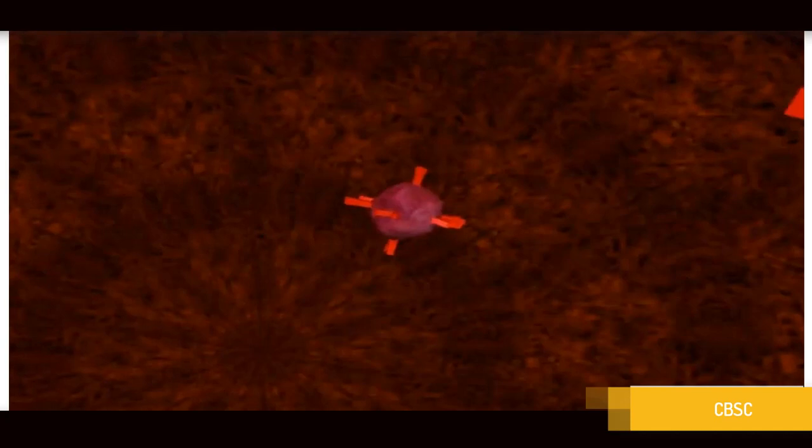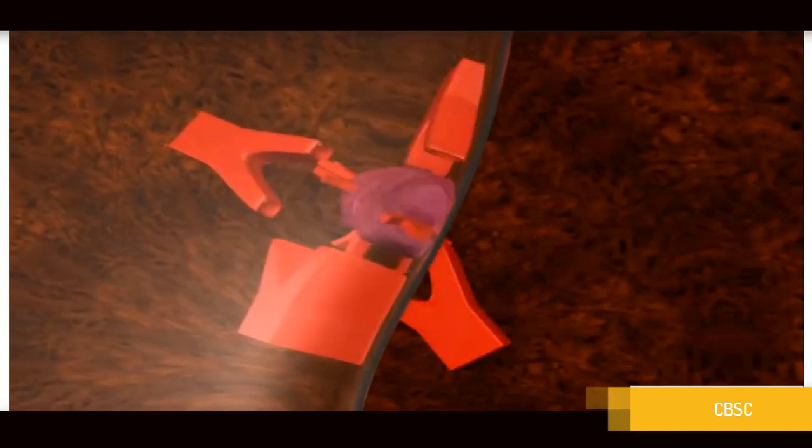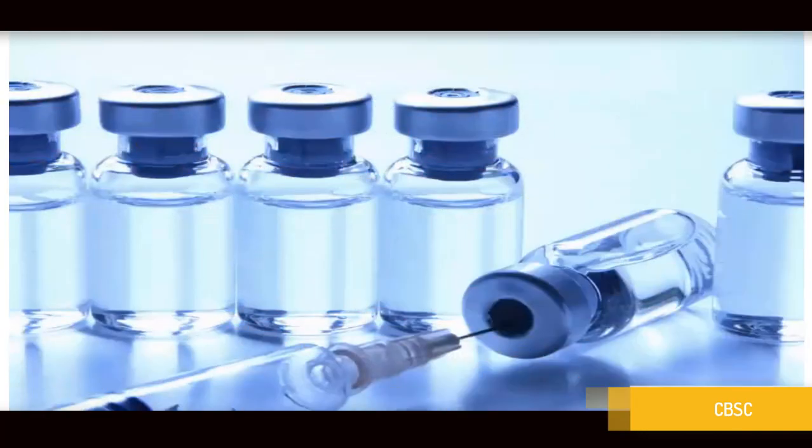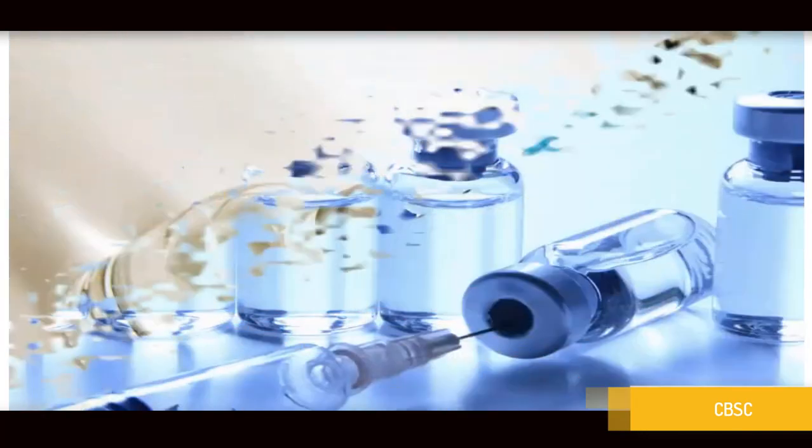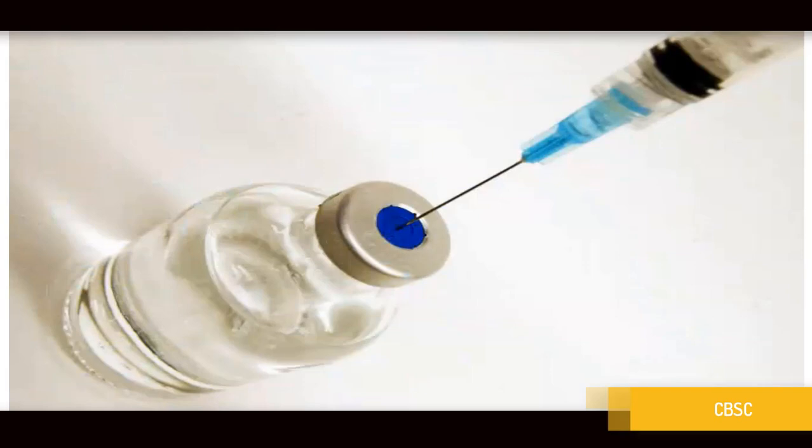These antibodies remain in the body. Through this process, body remembers how to fight these microbes if they enter again in the body. Nowadays, vaccines are made on a larger scale from microorganisms.